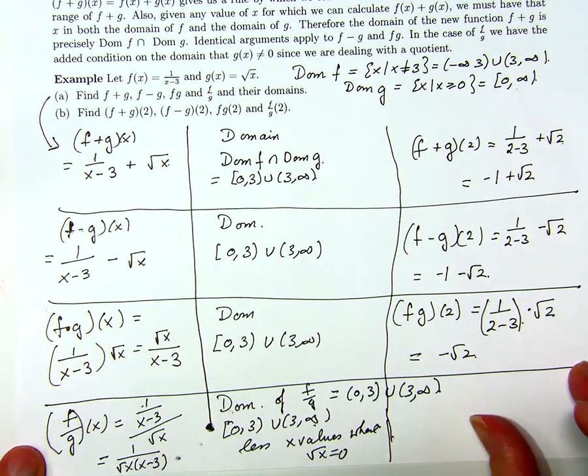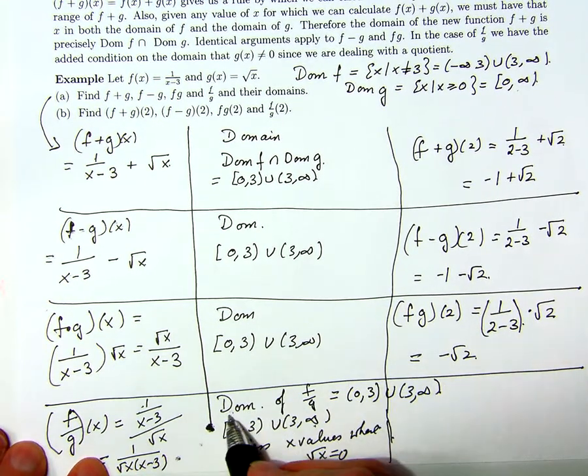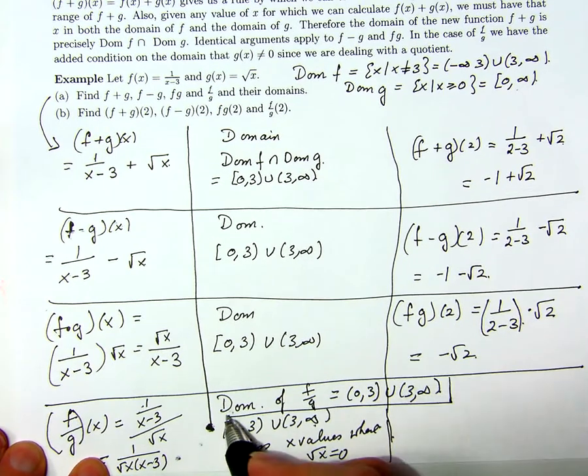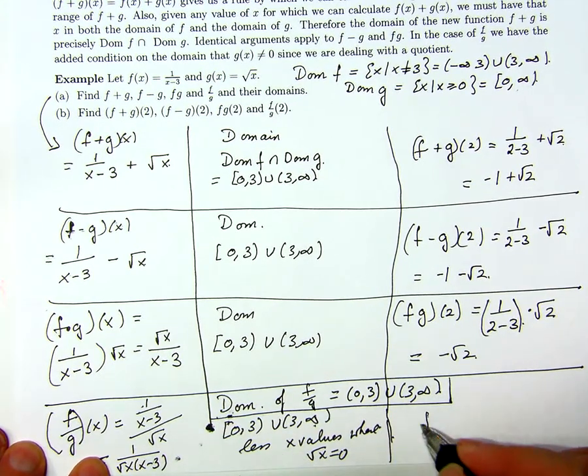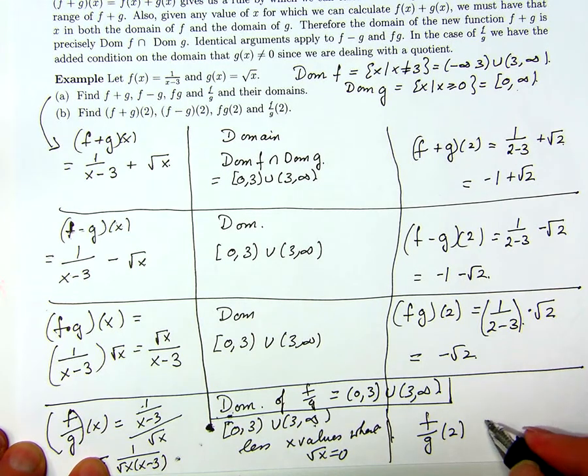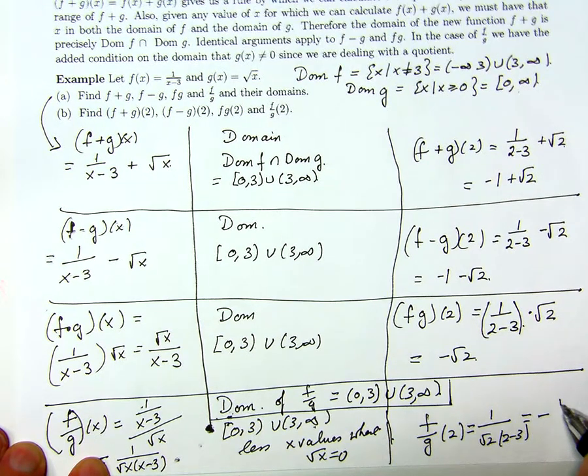So it's slightly different than the previous ones. And now f over g of 2 is pretty easy to calculate. It's just this formula applied to 2. So it's 1 over the square root of 2 times 2 minus 3, so it's minus 1 over the square root of 2.